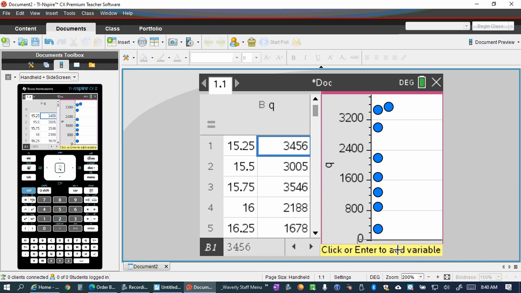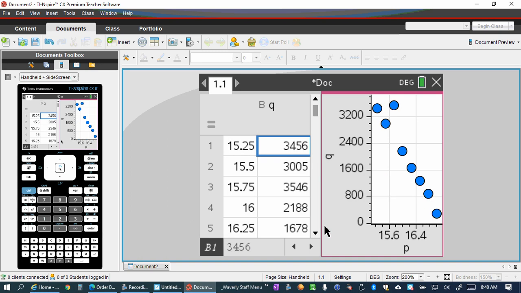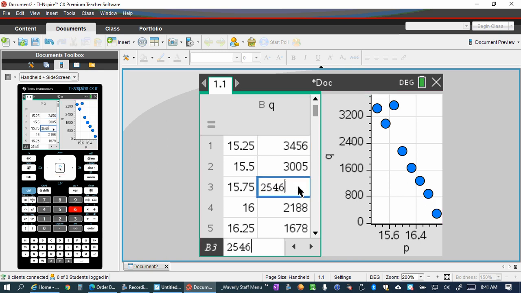And then down here, we're going to put price. I got something typed in wrong, don't I? What happened there? Somewhere, 5, 6, 5. Oh, 2, 5, 4, 6. 2, 5, 4, 6. There we go.